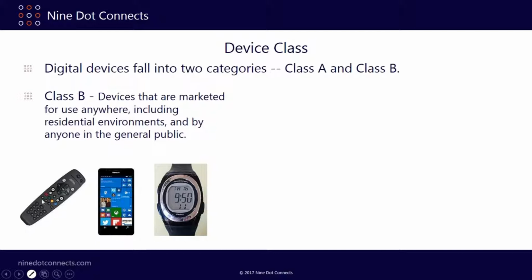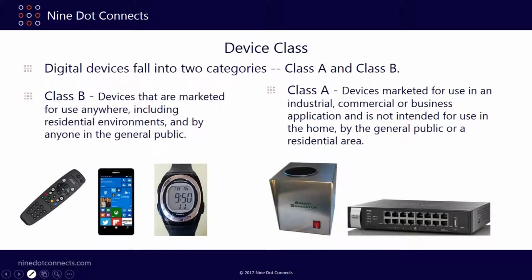Let's say you have a TV remote. You want to make sure it plays well with other devices in your house, your phone, a watch. Perfect examples. Class A devices are geared toward business applications and industrial environments, such as a switch.